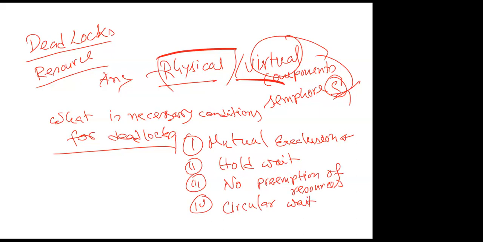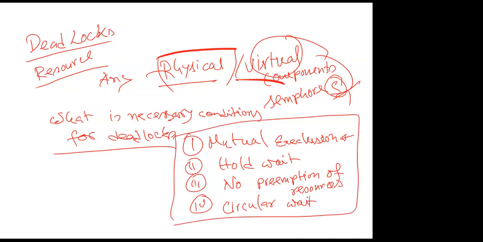These are the four things for a deadlock to occur. If you avoid one of these, there is no possibility of deadlock.